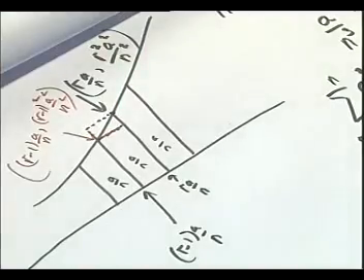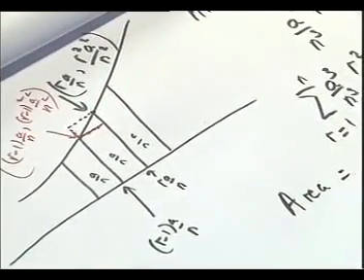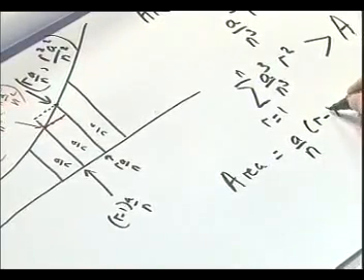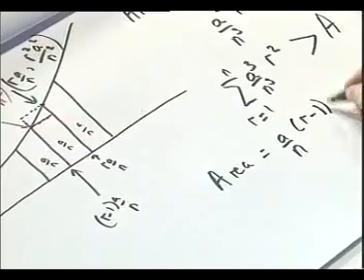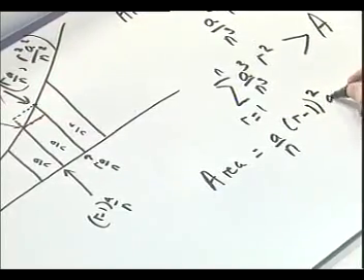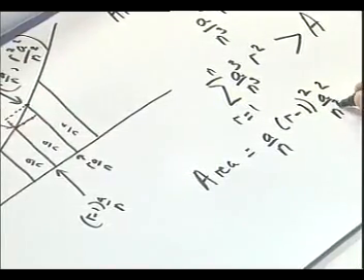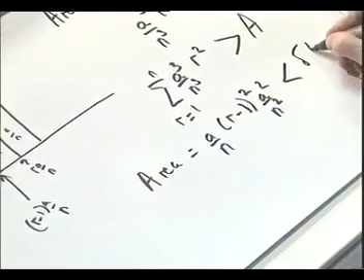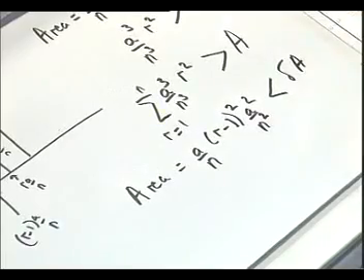So what's the area of this smaller rectangle? Area equals, well, the width is still A over n, but the height is different. (r minus 1) all squared, A squared over n squared, and this will be less than that area delta A.